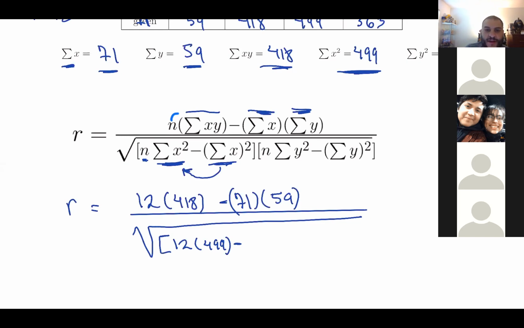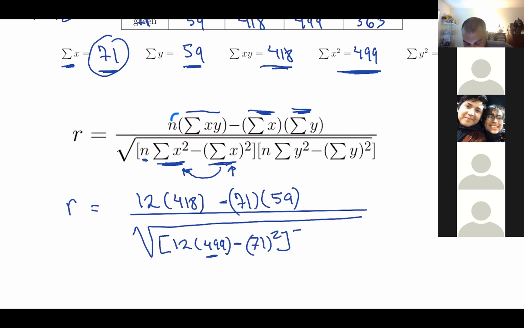Students sometimes think they're the same, but they're not, because one of them has the parenthesis. So this one over here, you actually want to get 71, and you take that to the second power. So be careful with that one, because students do trip up on that one because they think it's the same as 499, which is not.